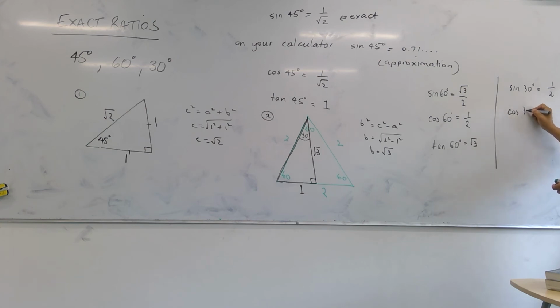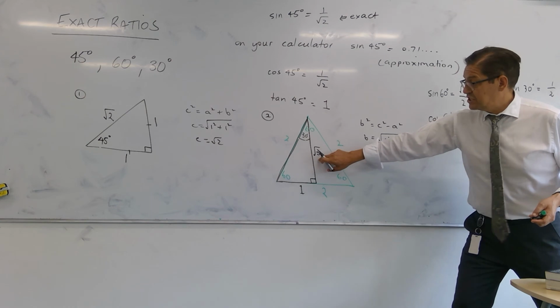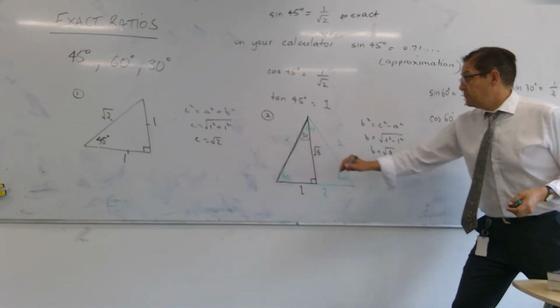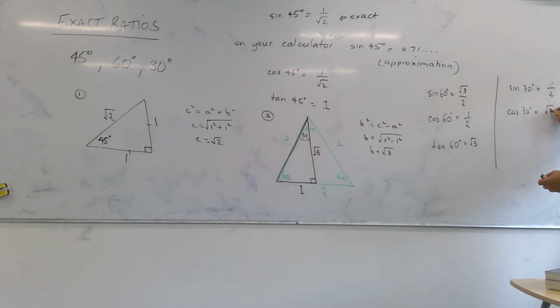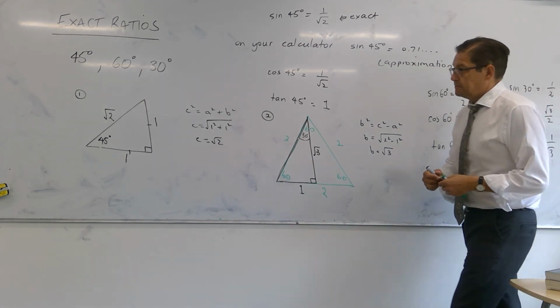Cos of 30, well, that would be adjacent over hypotenuse. And tan of 30 would be opposite over adjacent.